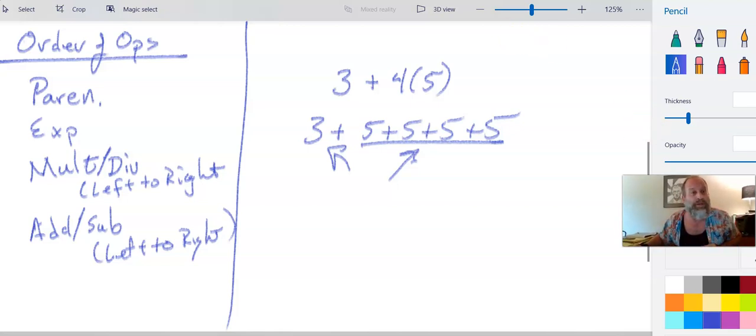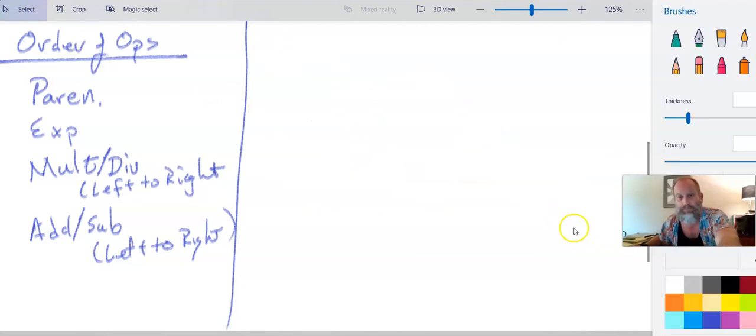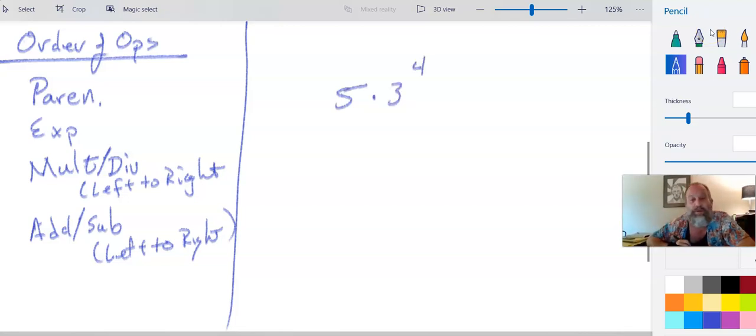Same thing happens when it comes to exponents and multiplication, right? If I look at something like 5 times 3 to the 4th, this is 5 times 3 times 3 times 3 times 3.